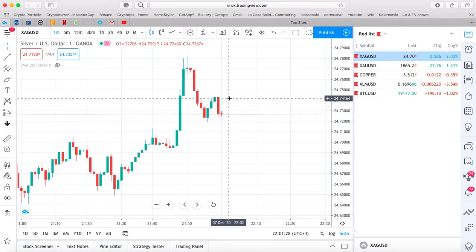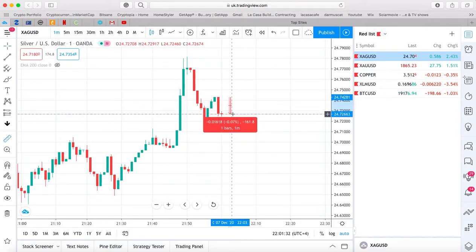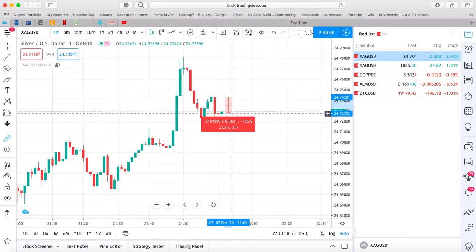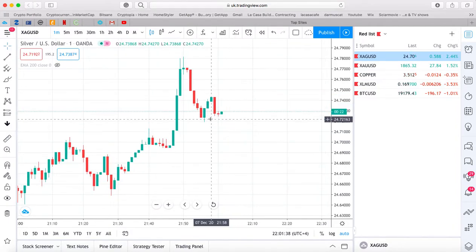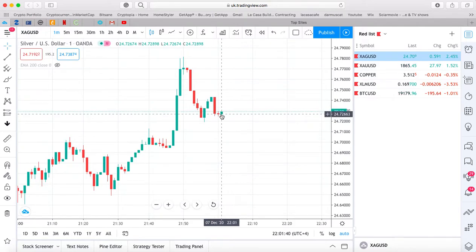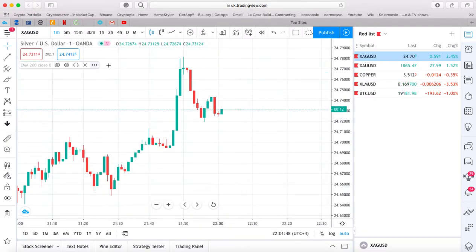If you hold shift and press here and go down, you'll see that it moved about 1 cent. Now another minute has started, so this bar came in right here. This bar was 1 minute, this bar is 1 minute, and this is the live price right now.